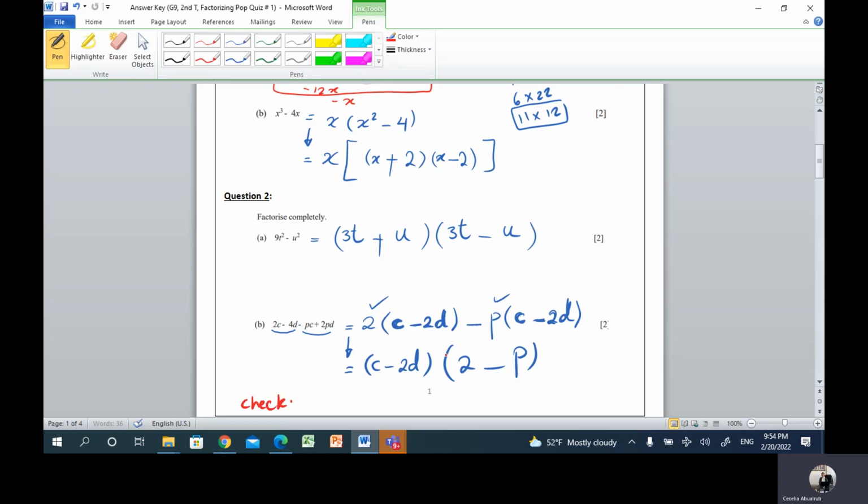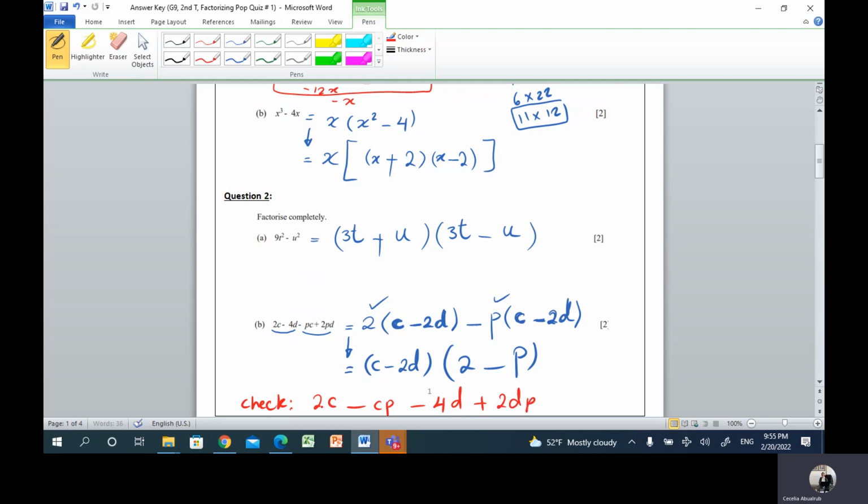In order to check, c times 2 is 2c. c times negative p is negative cp. Negative 2d times 2 is negative 4d. And negative 2d times negative p is plus 2dp.